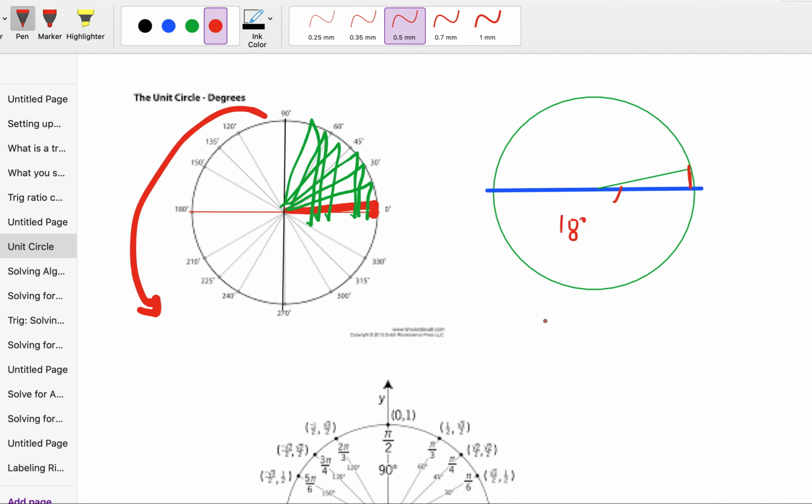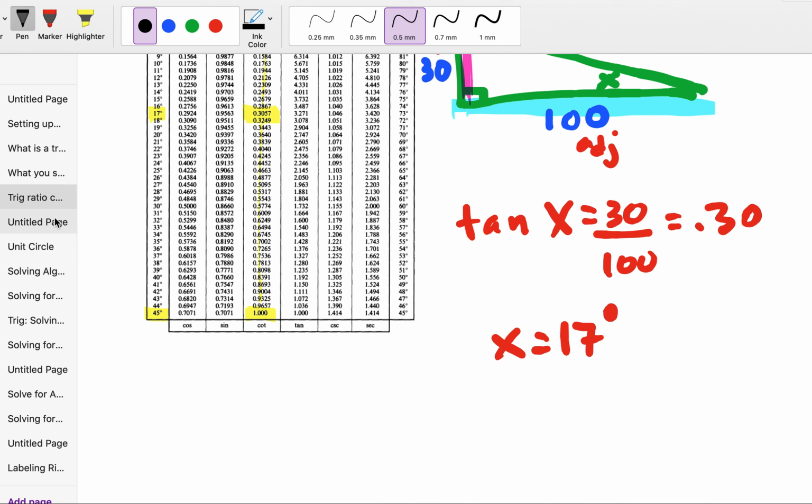So the way I would find tangent of 18 degrees is I would compare this red line and I would divide it by the bottom, the adjacent side, the bottom of the triangle, the black side. And I would then get a decimal of what percentage this red one is compared to the black line. We can then use our chart.